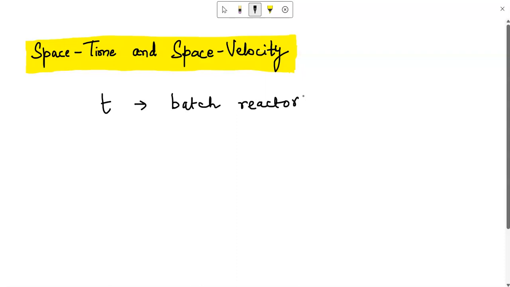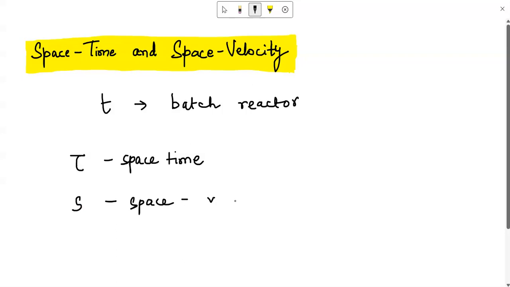But when we are extending our understanding of performance equations to the concept of flow reactors, then we have to introduce some new terms instead of the reaction time or batch time. Those two terms are space time, which is designated as tau, and the other one is called the space velocity, which is designated as small s.